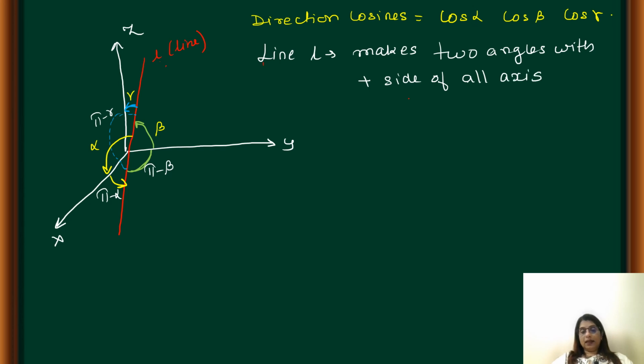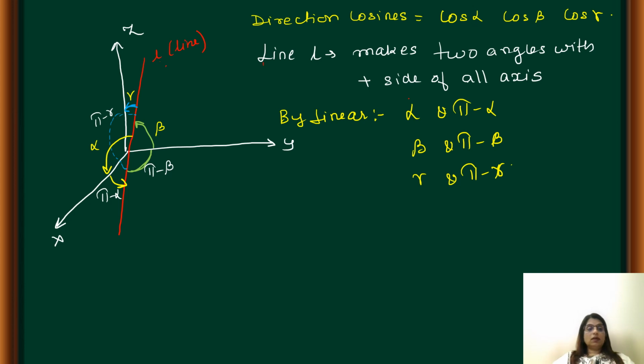By linear pair, the angles will be alpha and pi minus alpha, beta and pi minus beta, and gamma and pi minus gamma, correct?